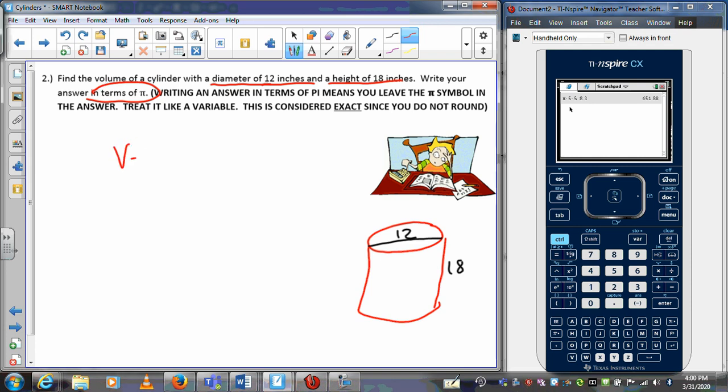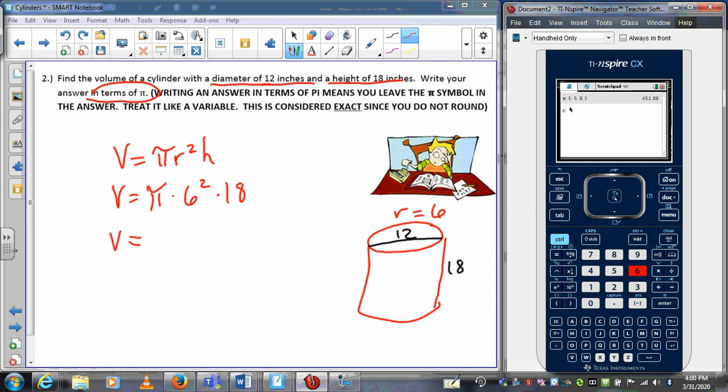So let's try it. I actually think these are a lot easier. So our volume is equal to pi times your radius. Now if the diameter is 12, then your radius goes halfway across, which is 6. So this is going to be 6 squared times 18. So now with my calculator, I'm going to ignore the pi for the moment, and I'm going to go 6 squared times 18.